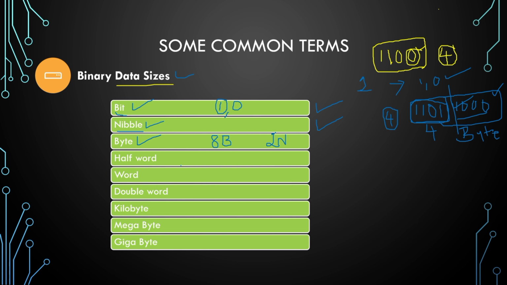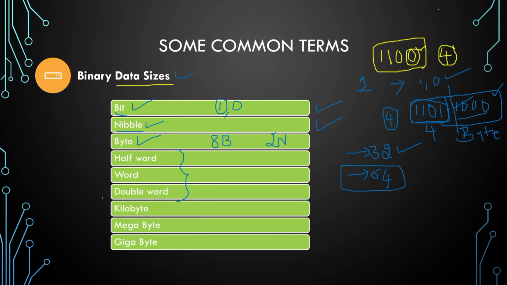Then we have something called word, half word and double word. Based on the system we are using, this word can take up a different number of bits. If you are using a 32-bit system, this word can take the value of 32 bits. If you are using a 64-bit system, then word will take the value of 64 bits. So let us assume we are using a 32-bit system because it is more common.